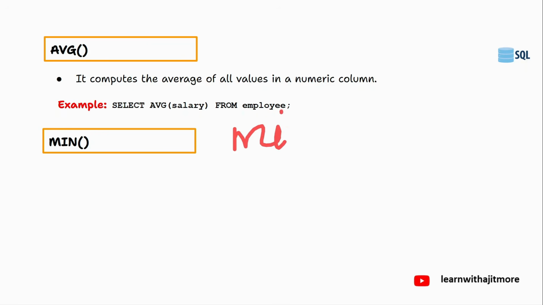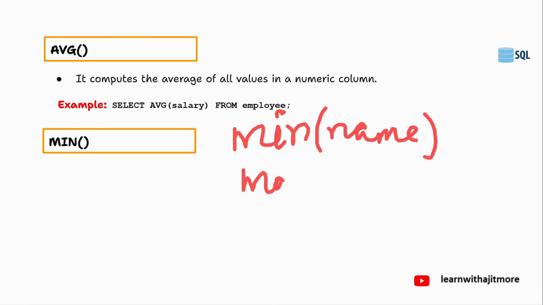So if the column is min of name, suppose, it will give you the minimum name. Minimum name is the name which comes very first in the lexicographical, alphabetical order. So in alphabetical order, whoever is the first one, it will return. And same thing for max. Max will return the last in the alphabetical order. If you give date, then the last date and the first date. And for numeric values, the minimum value and the maximum value.